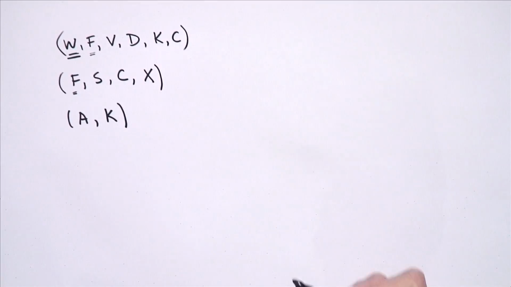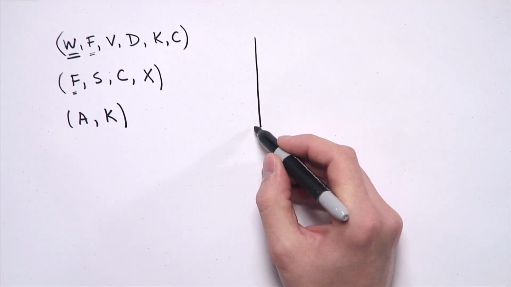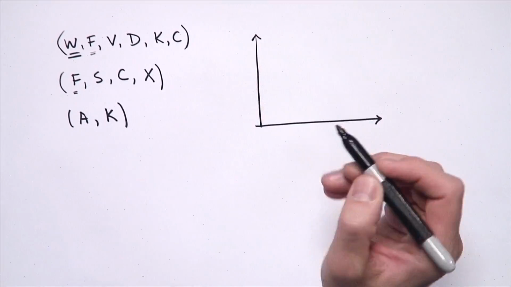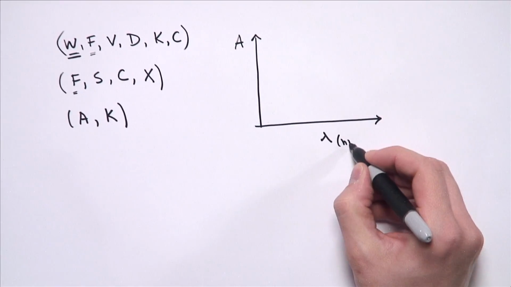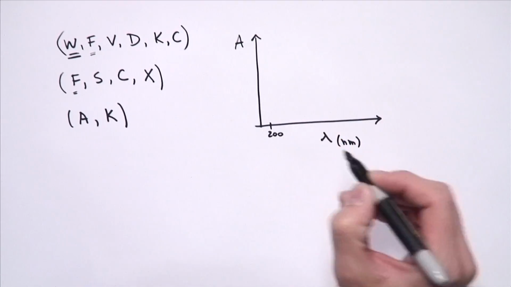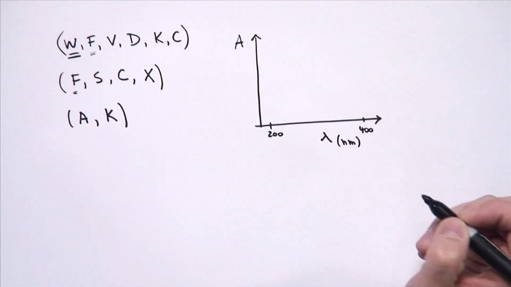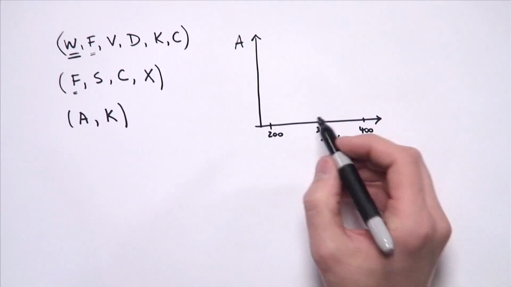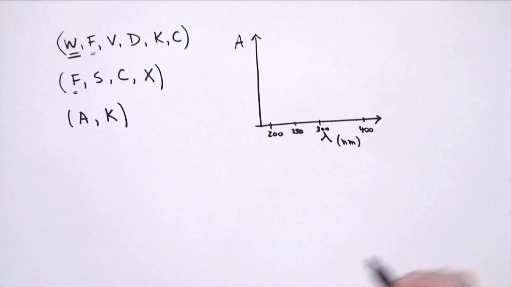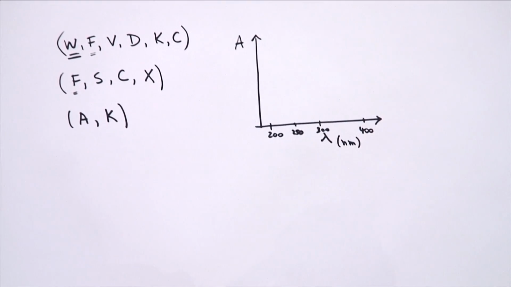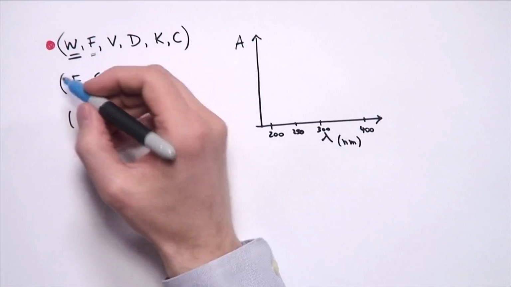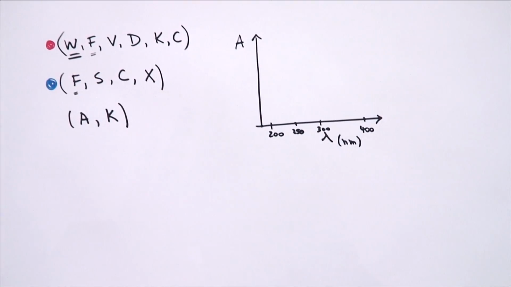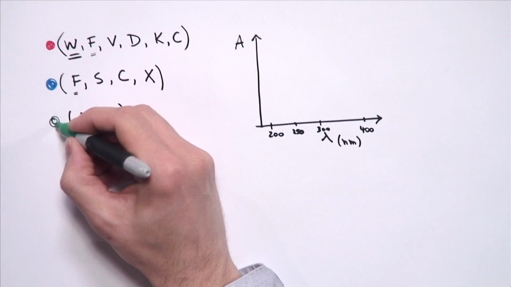So if we were to plot the UV-Vis spectra of these peptides, this is going to be our absorption, and this is going to be lambda in nanometers, the wavelength. So let's look in the range from 200 to 400. Let's put 300 is about here, 250 is about here. And let's label these. Let's say this peptide is red, this peptide is blue, and this one is green.